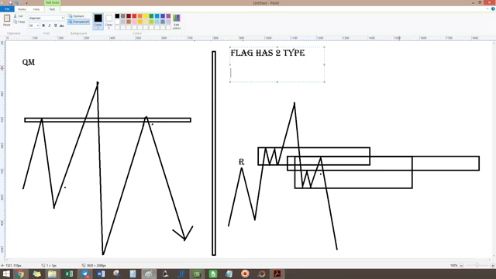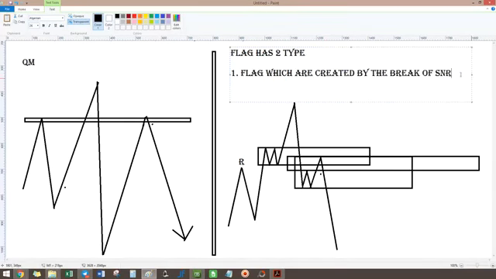Okay, the first one, flat which is created by the break of SNR. The second one is a flat which is created by the break of a flat.